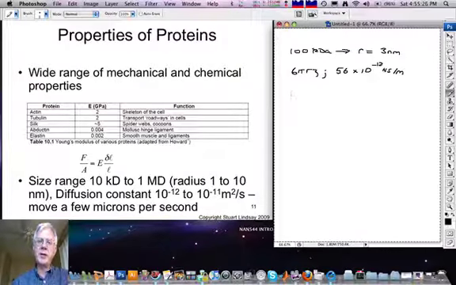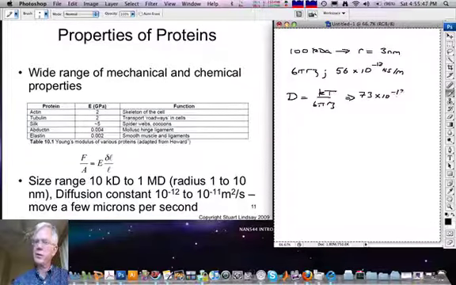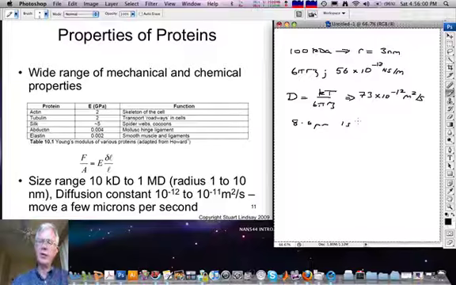The Einstein-Smoluchowski relationship can then be used to calculate the diffusion constant as kT divided by this friction coefficient, and that then leads to a value for the diffusion constant of 73 times 10 to the minus 12 meters squared per second. Thus, our typical protein will move around about 8.6 micrometers in 1 second. Of course, as an RMS distance. The average distance will be 0.